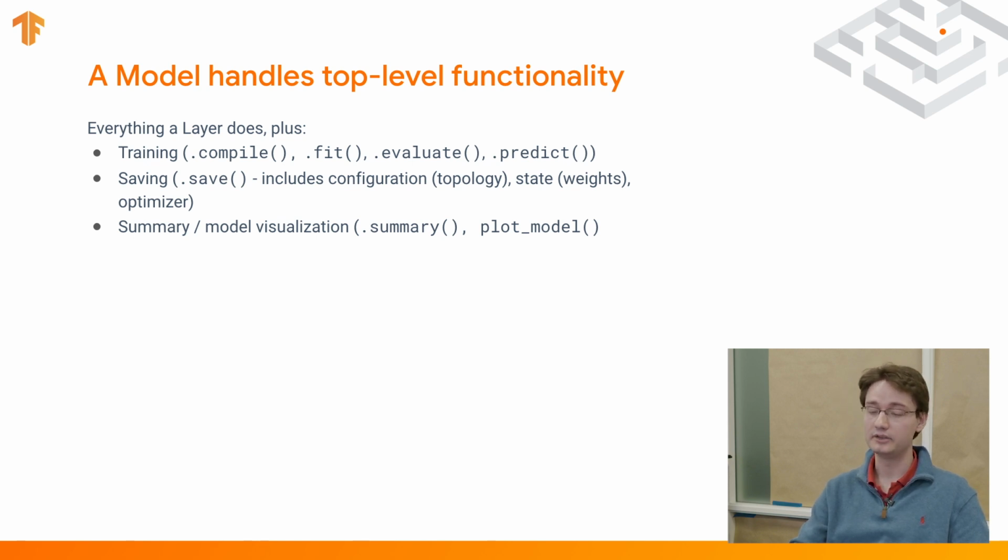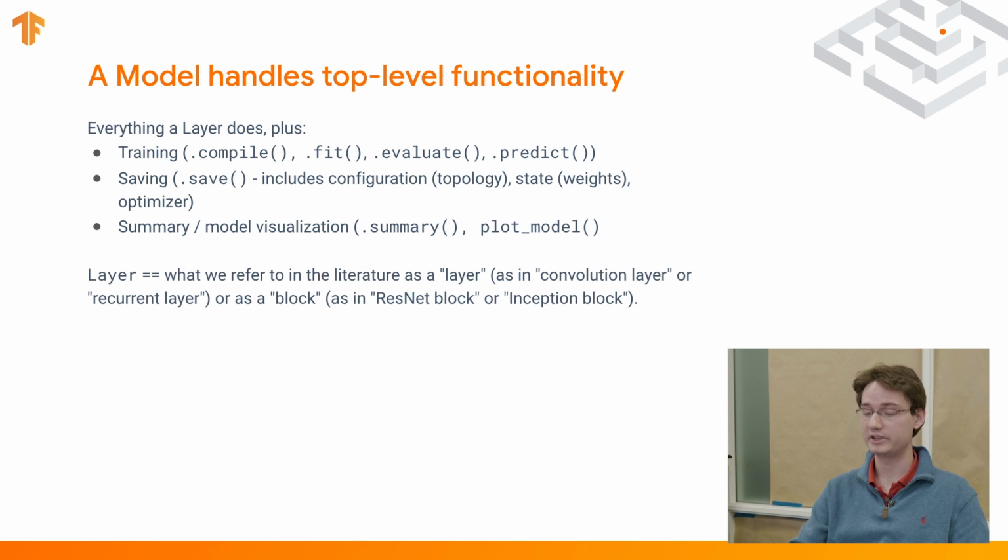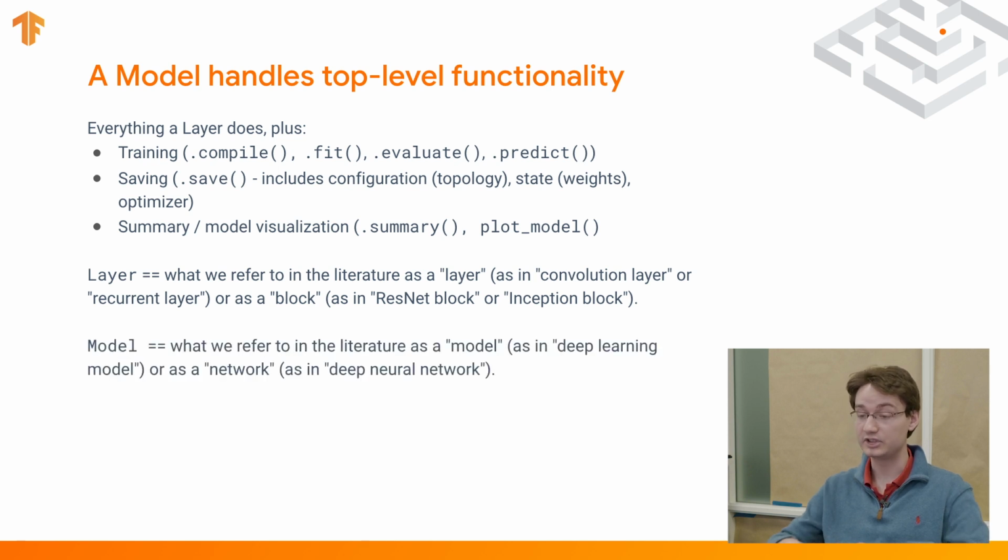So in general, the layer class corresponds to what is usually referred to as a layer, like when you talk about a convolution layer, a recurrent layer, and so on. It can also be used to refer to what is sometimes called a block, like a ResNet block or an Inception block. So layer is basically either a literal layer or a block in a bigger model. And the model is really like the top level thing, the outer thing, like what people refer to as a model or a network.